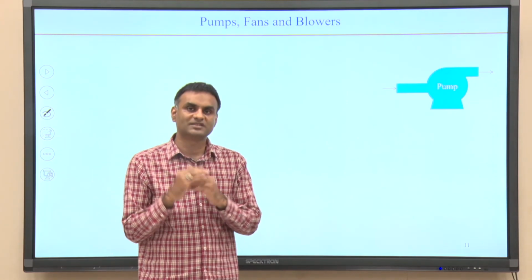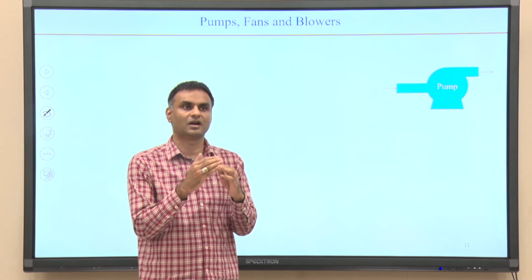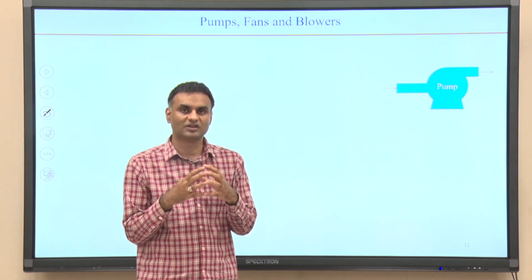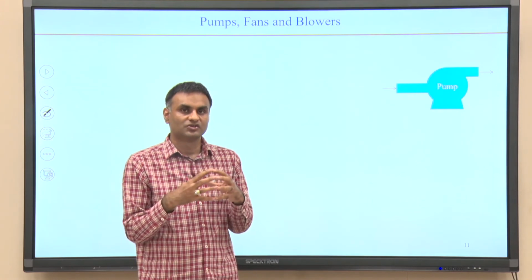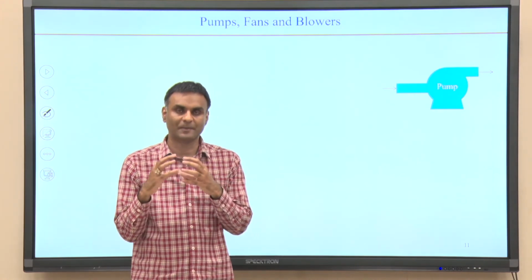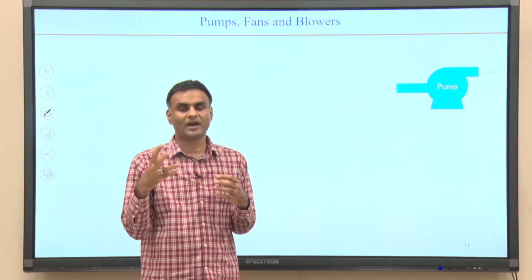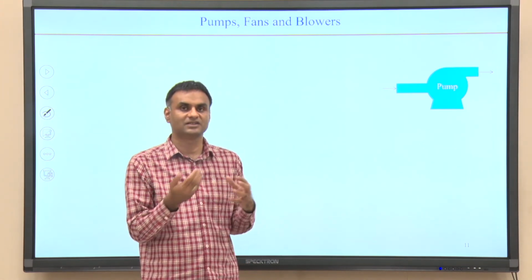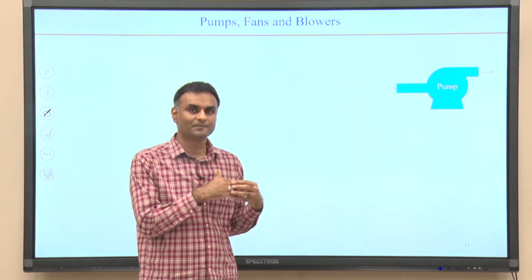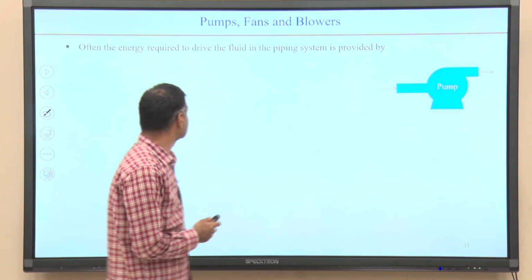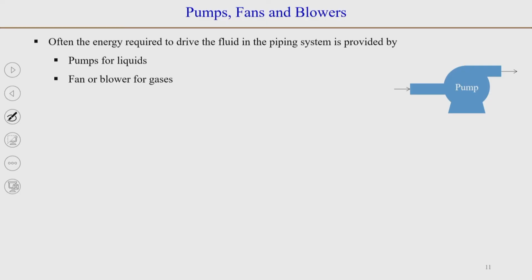And to overcome this loss, because the loss happens, so that is irreversible loss, the energy is lost. So, that the flow is happening continuously at a particular flow rate, we need to provide energy to the fluid, and that is why we use pumps, for example, for liquids, or say blowers or fans for gases.